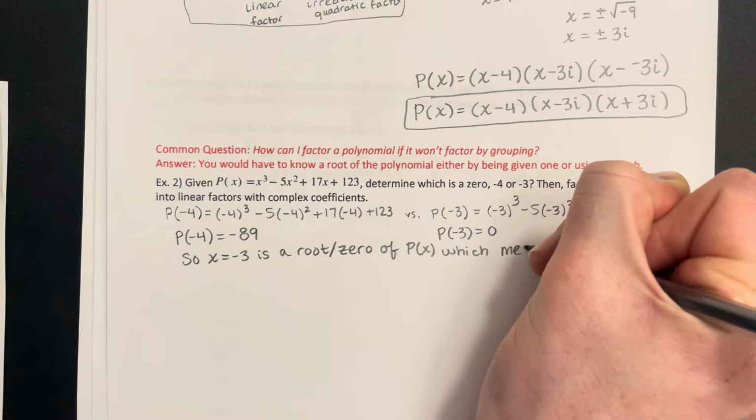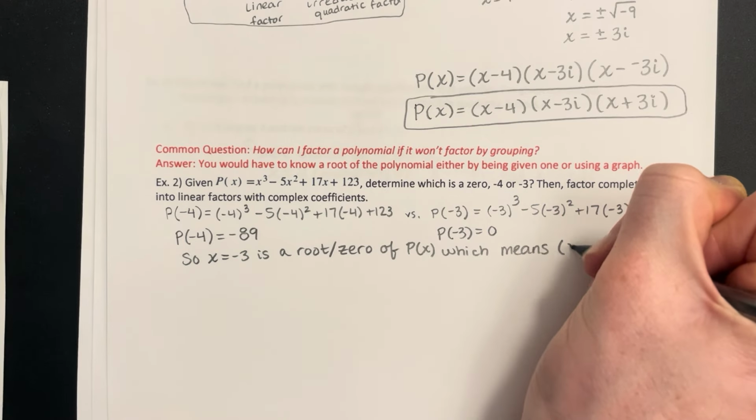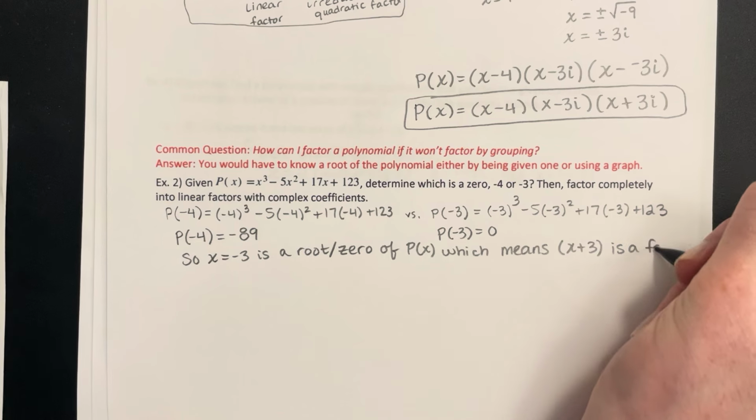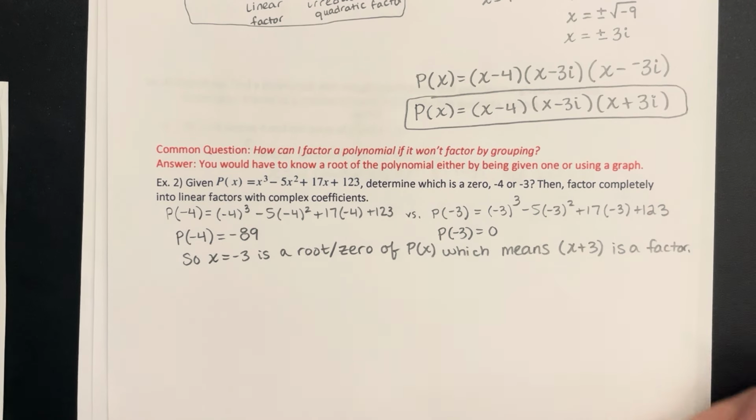Which means that x plus 3 is a factor. Since it's a factor, then we can use division to help factor this polynomial. We just needed to figure out what one of the zeros is first.